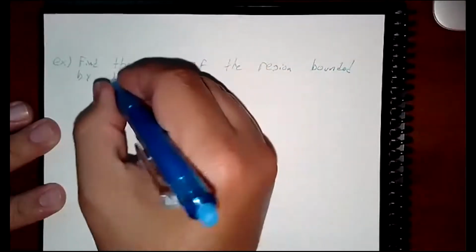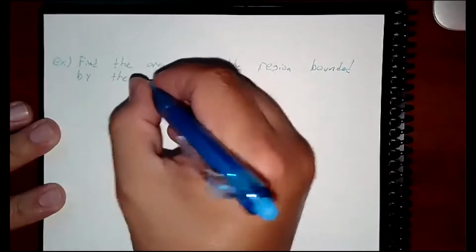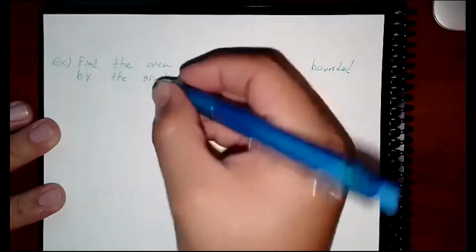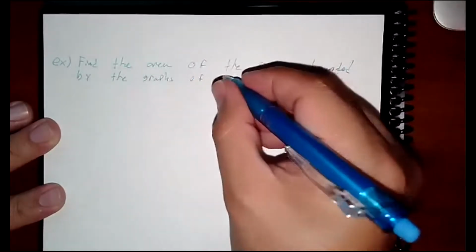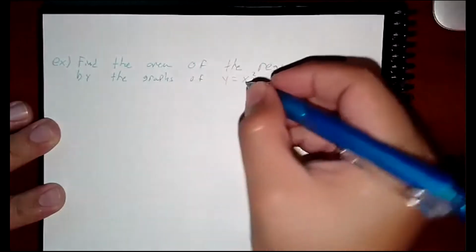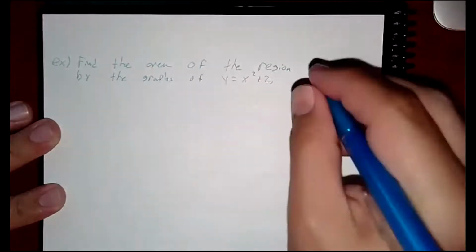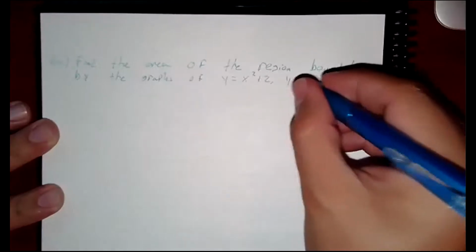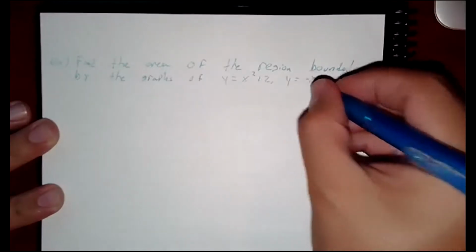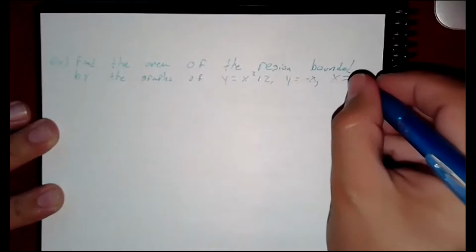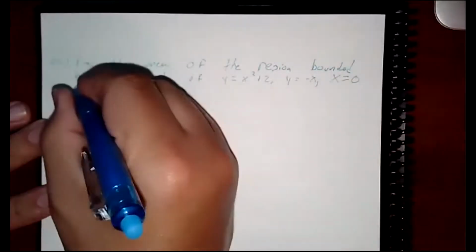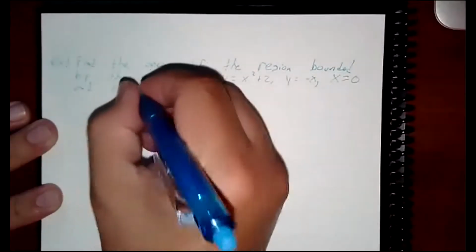Bounded by the graphs of y equals x squared plus 2, y equals negative x, and the graphs x equals 0 and x equals 1.